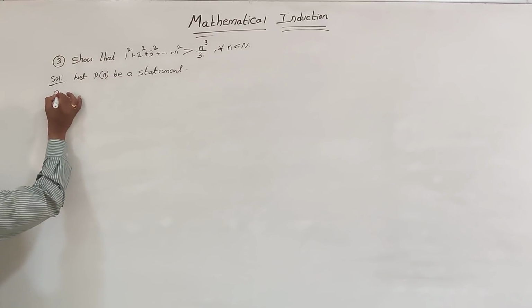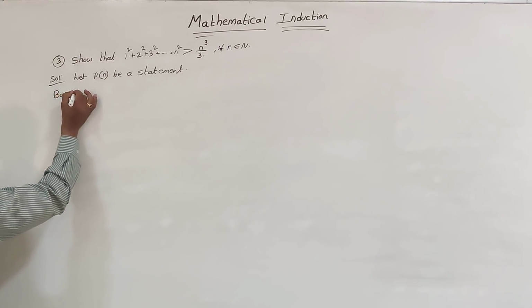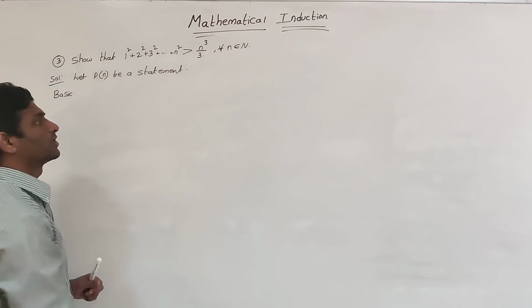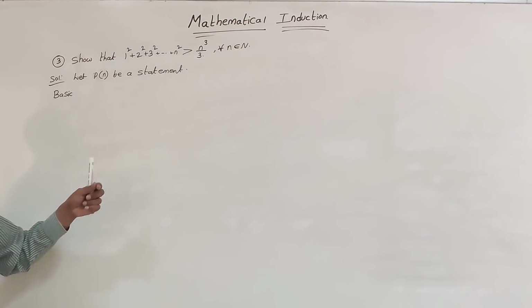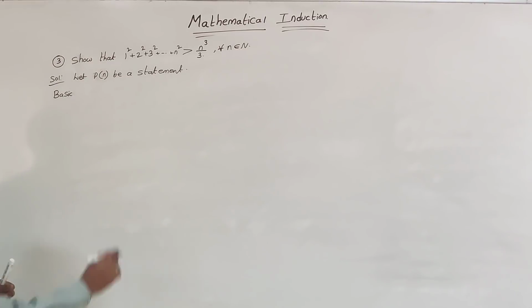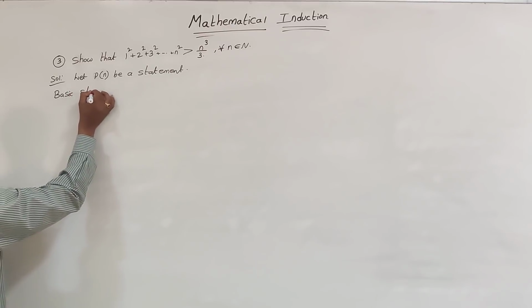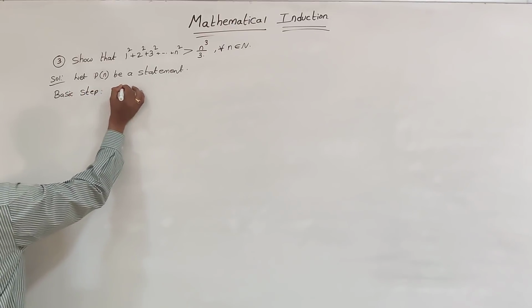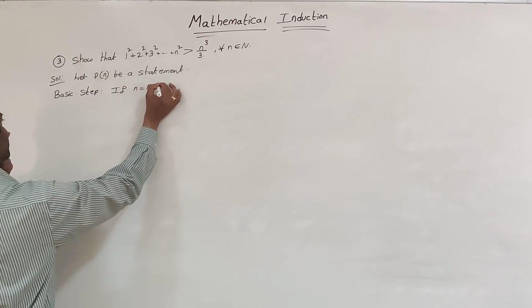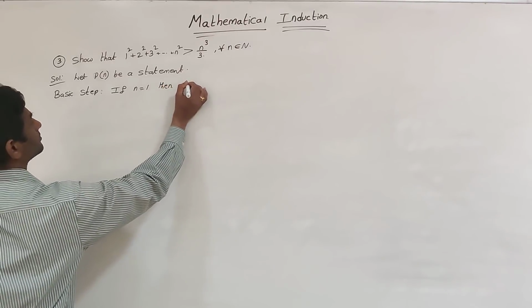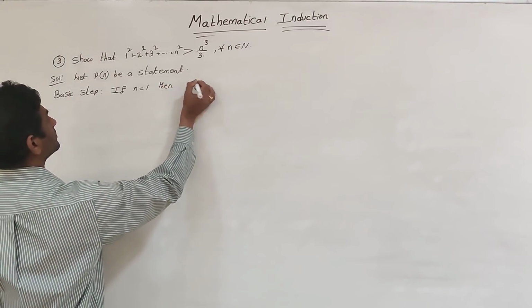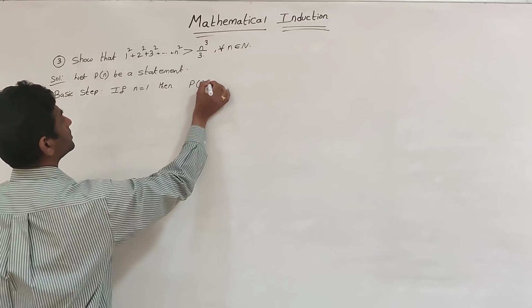Now, what is the basic step? As it indicates, for all n belongs to natural numbers, the natural number starts with 1. So basic step: if n is equal to 1, then P of 1 is true.